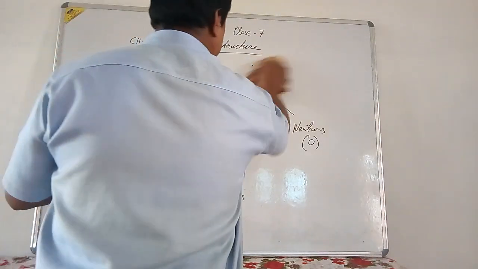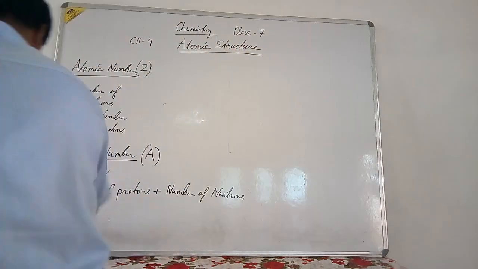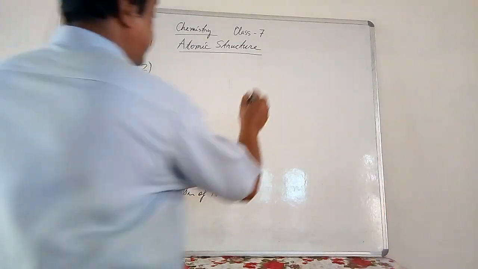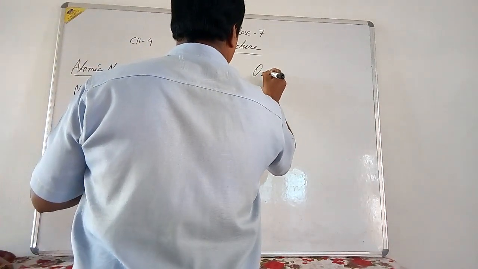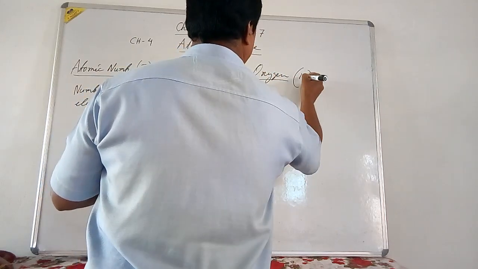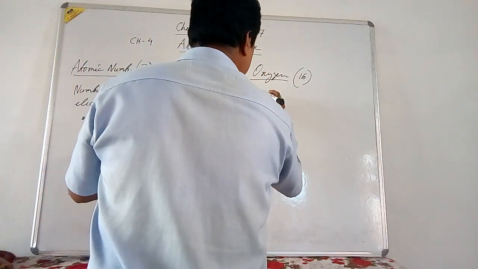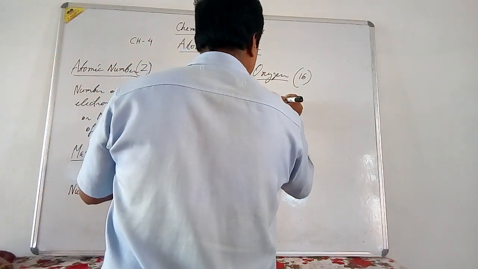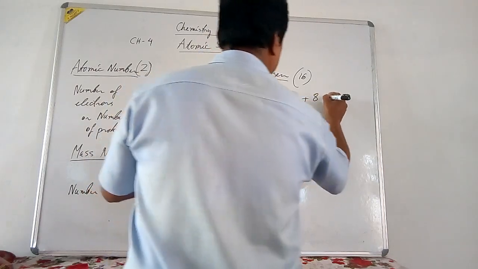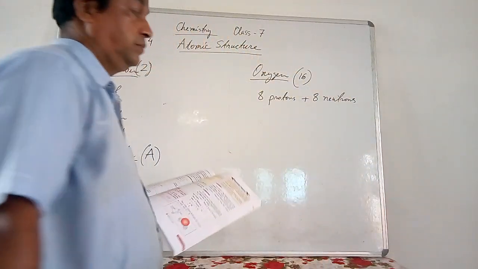For example, one example is given in your book. For example, mass number of oxygen. Oxygen mass number is 16. Now oxygen has got 8 protons and 8 neutrons.